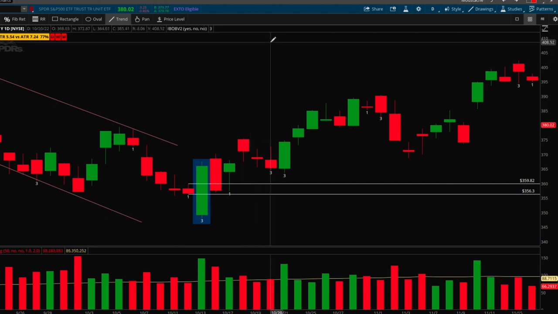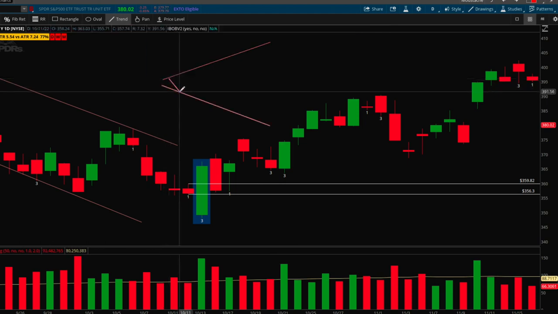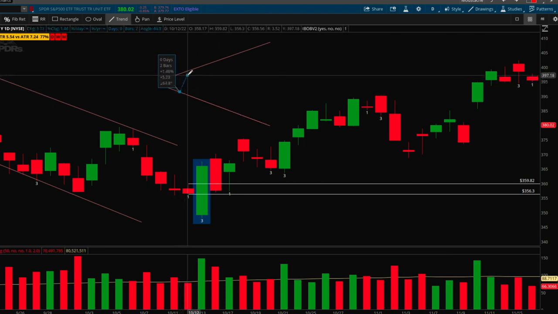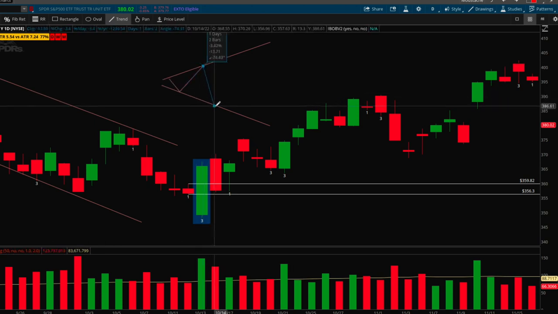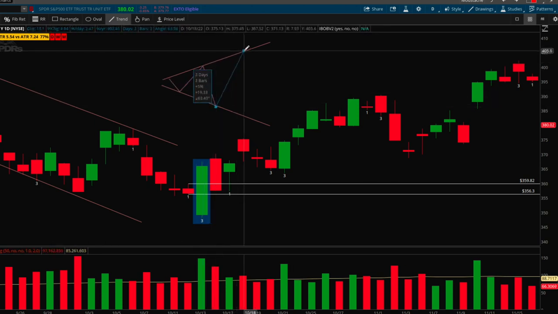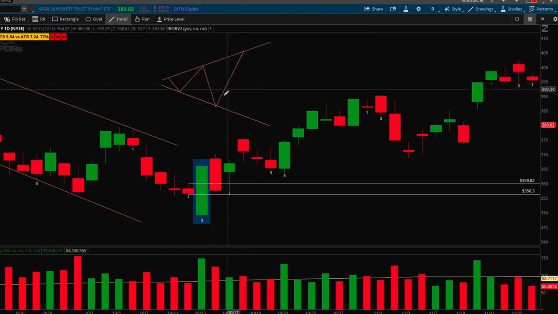Let's draw it again quickly. You have the broadening pattern forming, which we'll say happened like this. There's that huge green candle that broke that previous low and also broke that previous high.